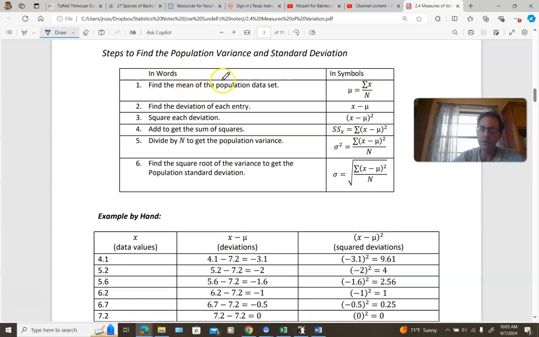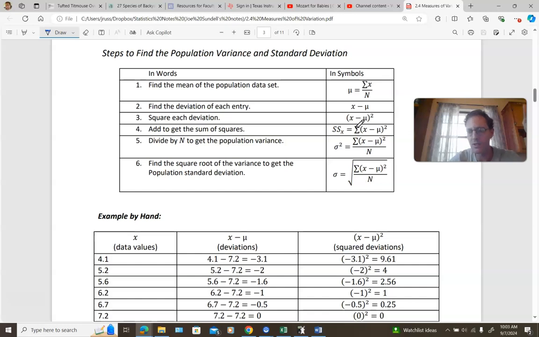Okay, so the first thing you would do if you were going to do it by hand is you'd have to find the mean. So you sum up all the data values, and you divide it by the size of the population. And then you find all the deviations. So each data entry minus the mean, and then you square each of those deviations, okay? And then you sum up all of those squares. That's what this means again, remember.